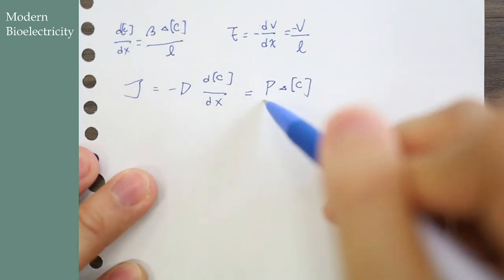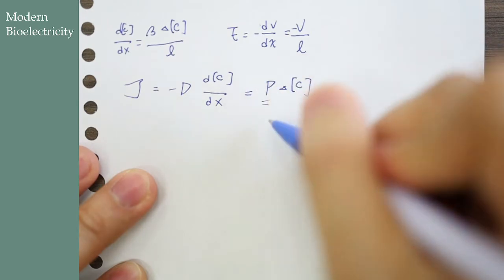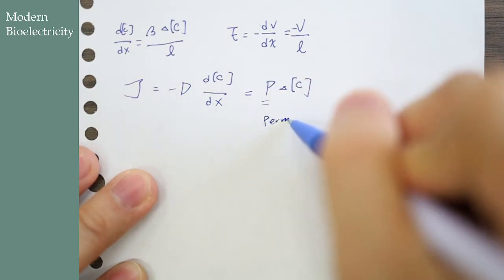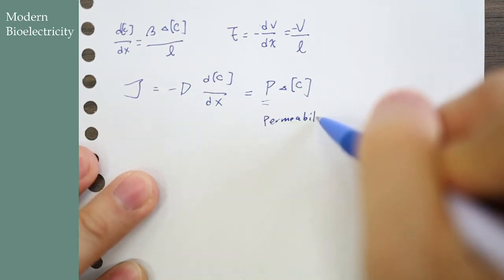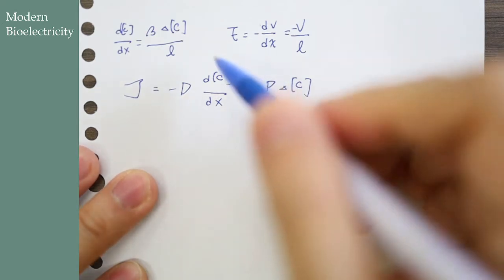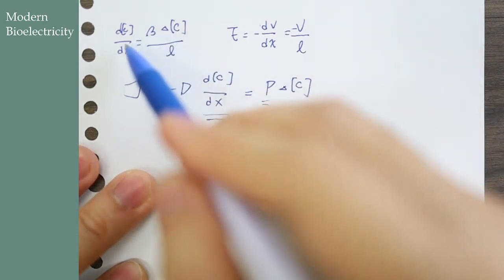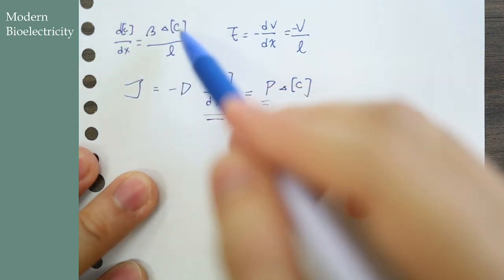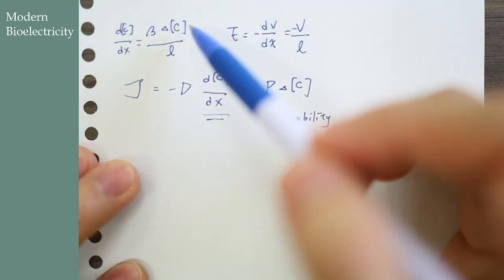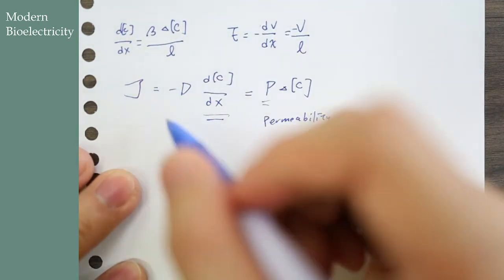This is the permeability. And we already have this from the assumed gradient inside the membrane.